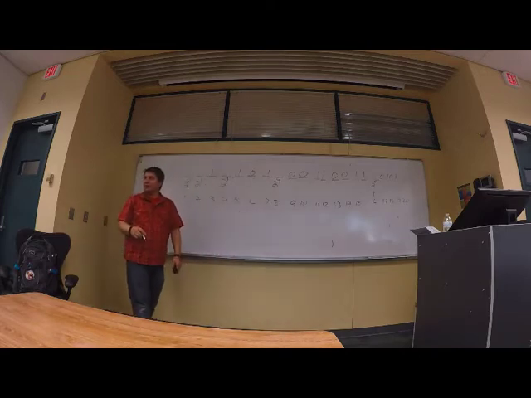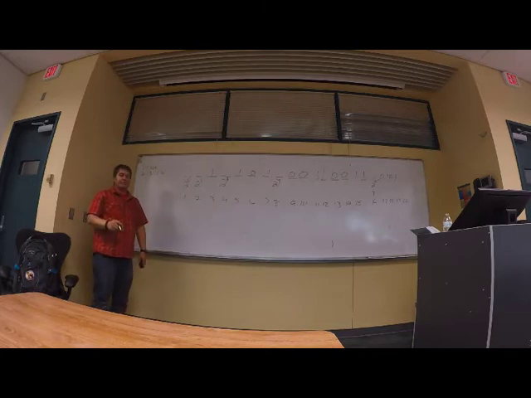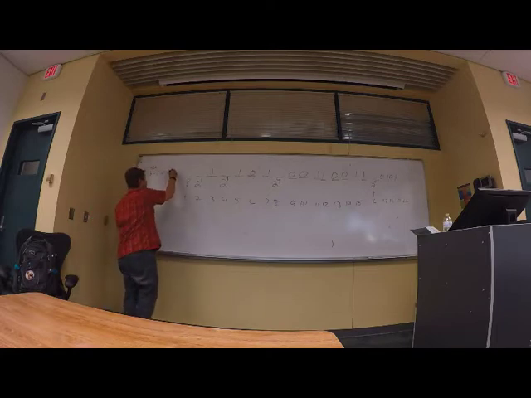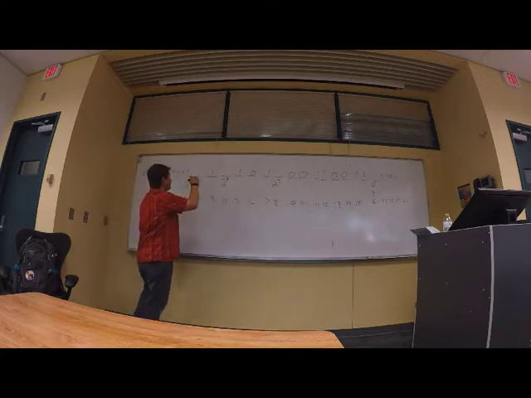9 is an 8 and a 1, right? 10 is an 8 and a 2. 11, 12, 13, 14: 8, 4, 2. 15. 16, okay, perfect, right? 17: 16, 1. 18, 19, 20, and 21, 22. 22, right?